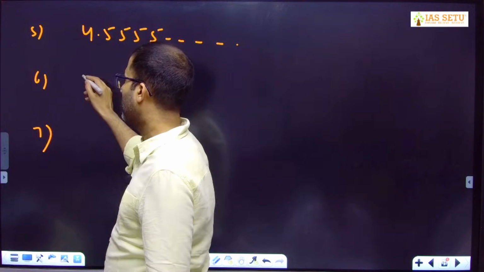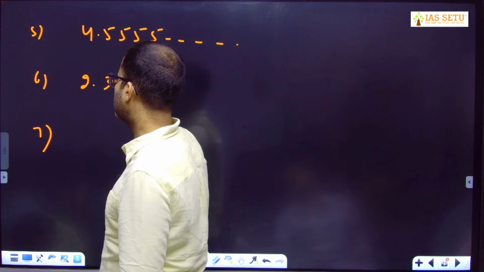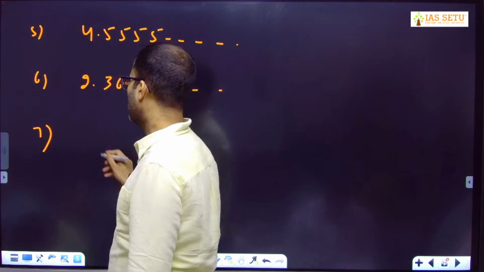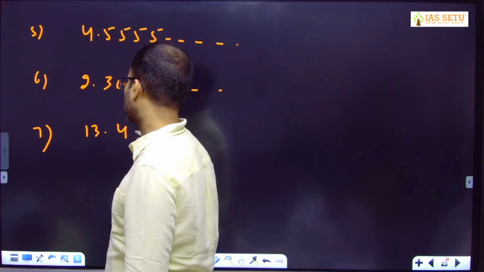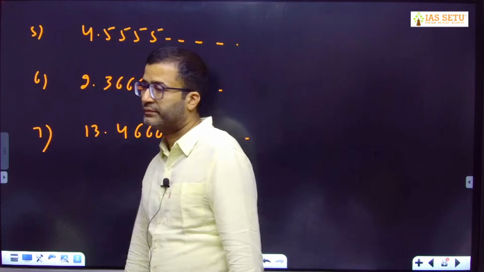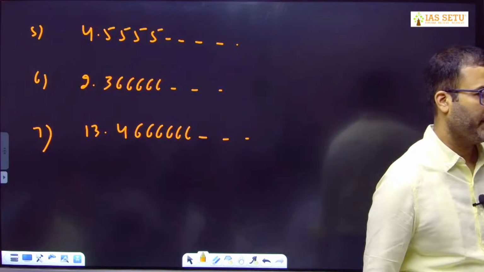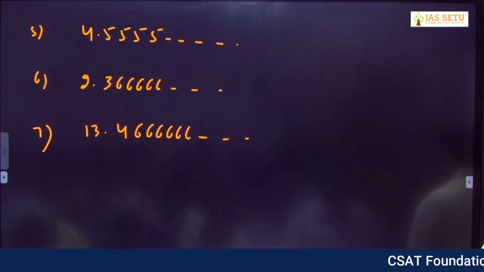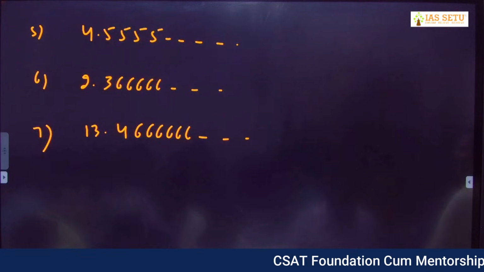4.555555, 2.3666666, 13.466666. Take your time. Convert all these recurring decimals into fractions. Take time, go slow.